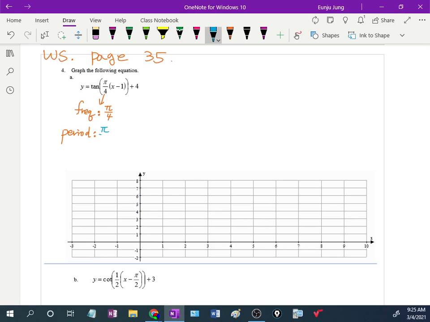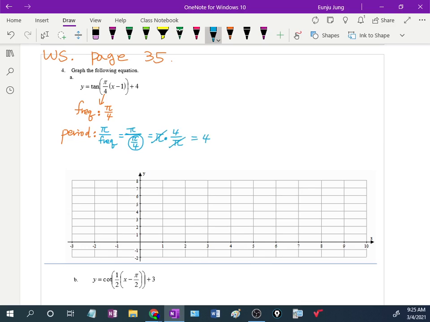So the formula is like this. To find the period, you need to calculate pi divided by frequency. So I will do pi divided by pi over 4. In other words, change the division to multiplication and flip the number, okay? 4 on the top, pi on the denominator, cancel, cancel, and 4.